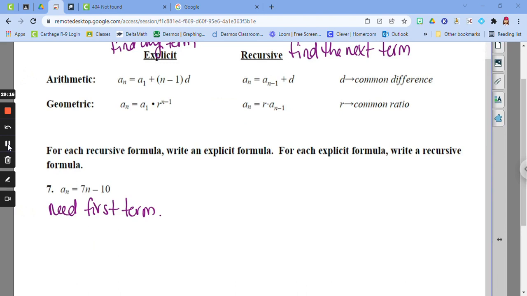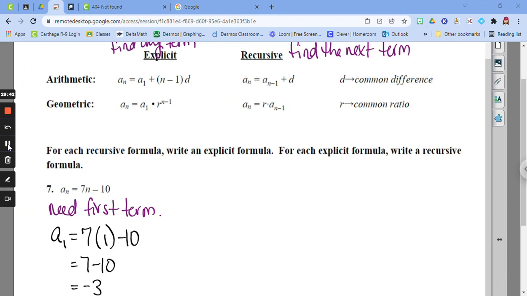So that means the first term is 7 times 1 minus 10. Which is -3.